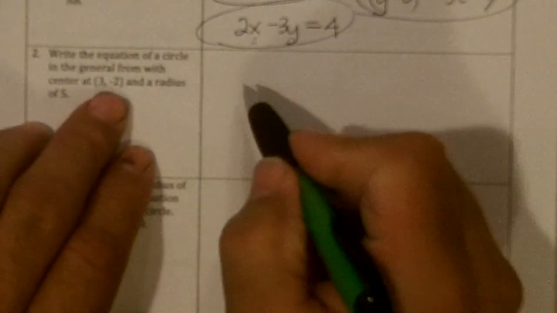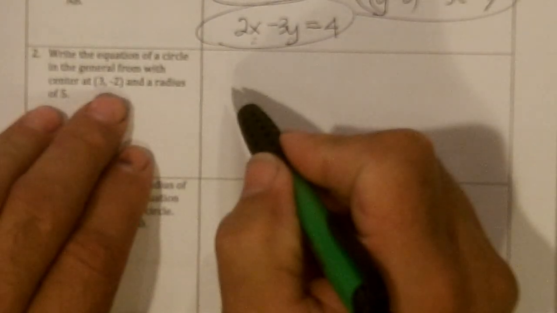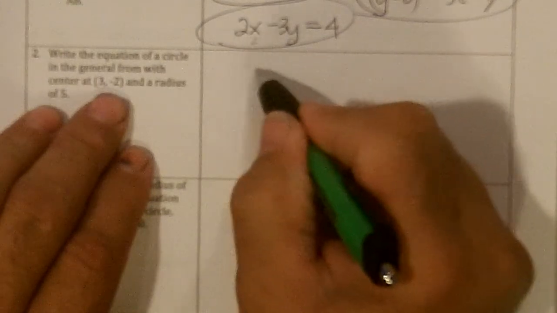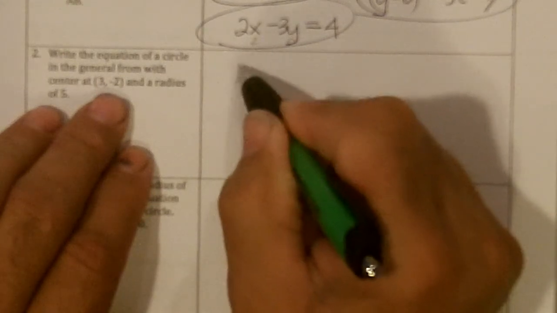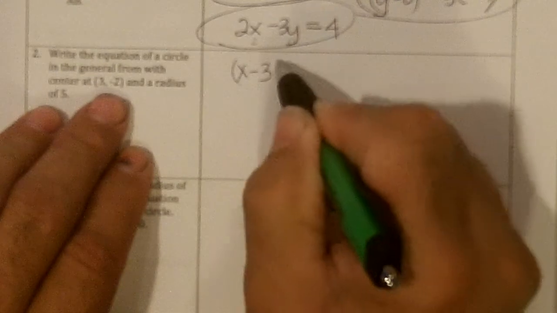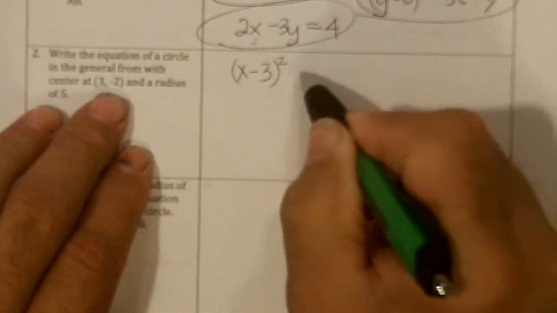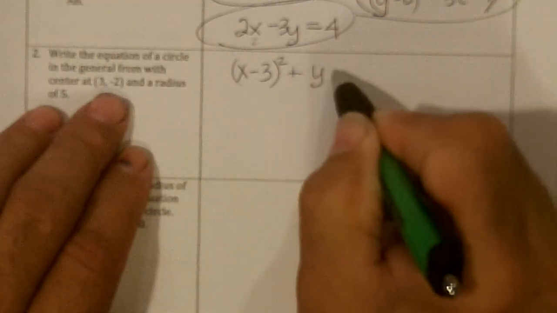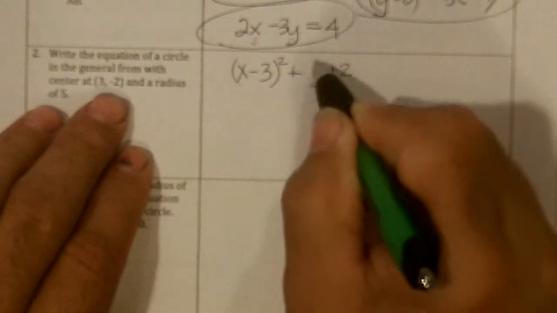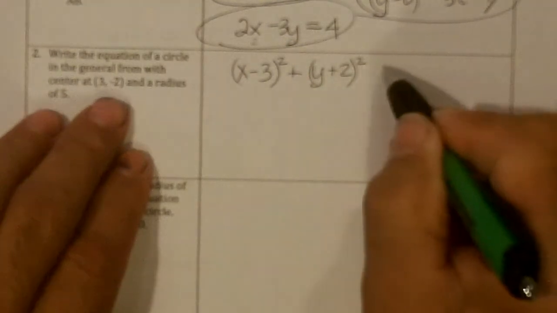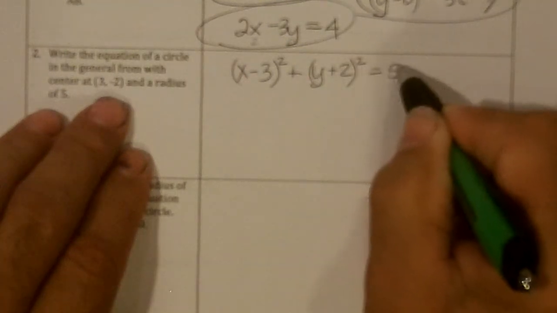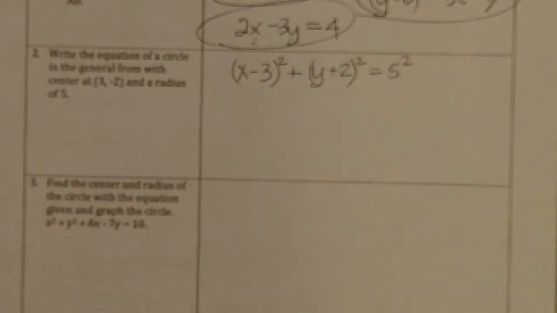Write the equation of the circle in general form. So that would be x minus 3 squared plus y plus 2 squared equals 5 squared.